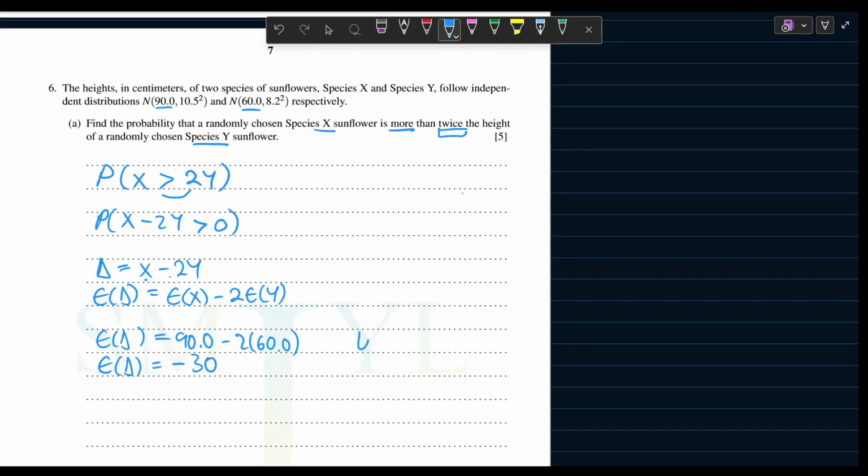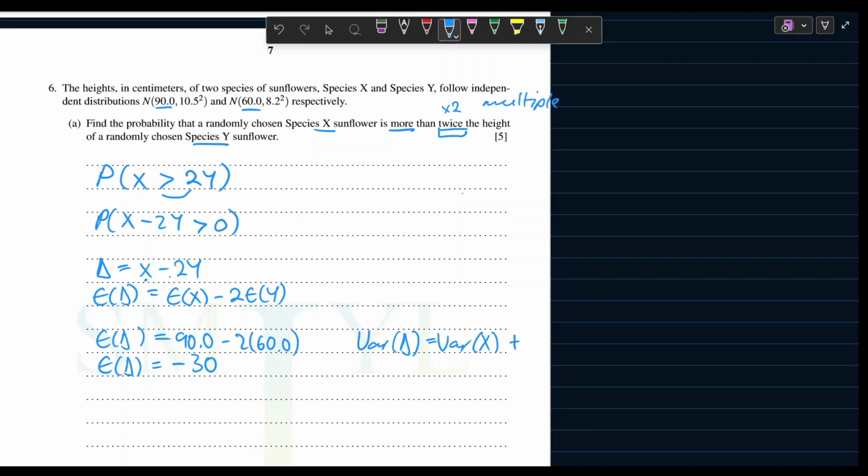And now the variance of D is going to be the variance of x plus, now this is where it's crucial to differentiate between a sum and a multiple. Because they said more than twice, it means times 2. And anytime you're multiplying, we call this a multiple.